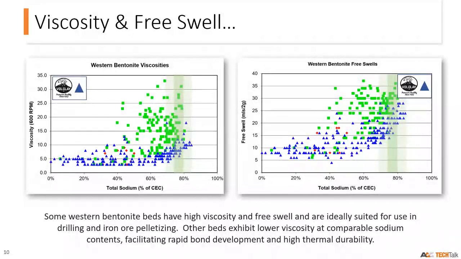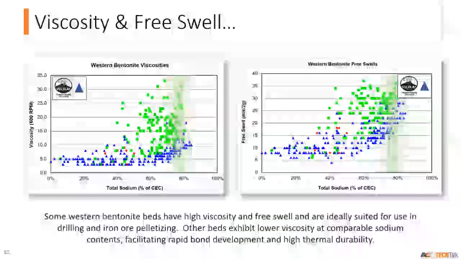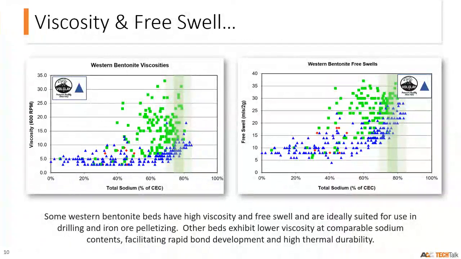As you can see, the blue triangles represented there are typically the clay that is used in the ball clay Western bentonite, and you can see the high concentration toward the higher CEC value.